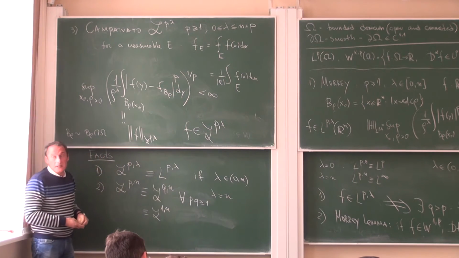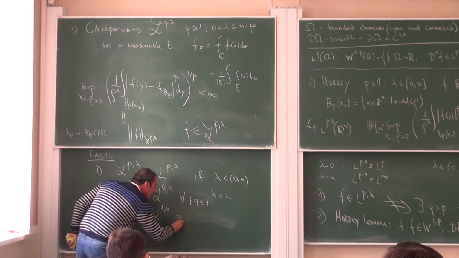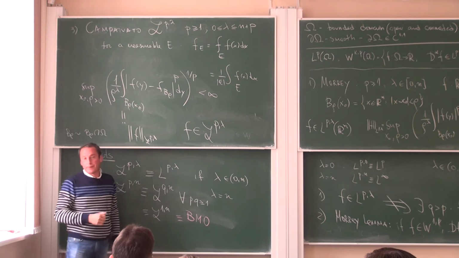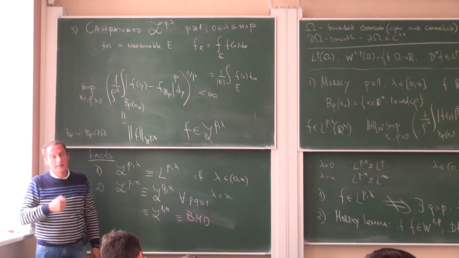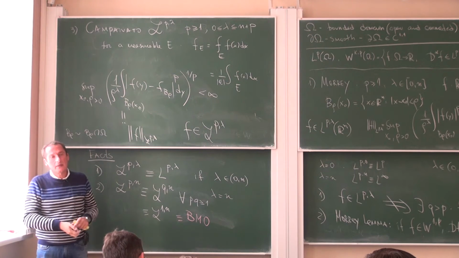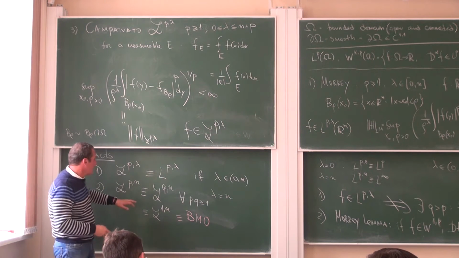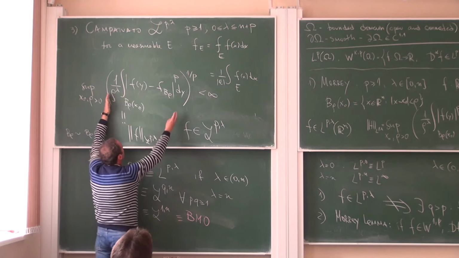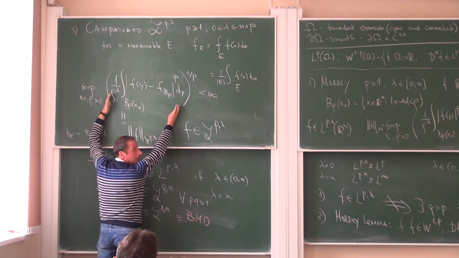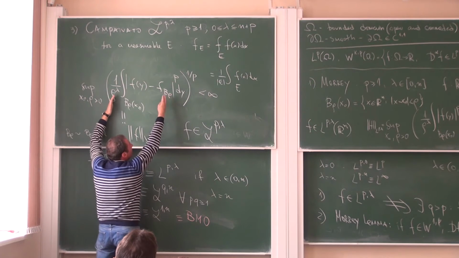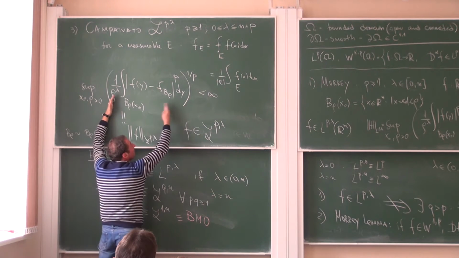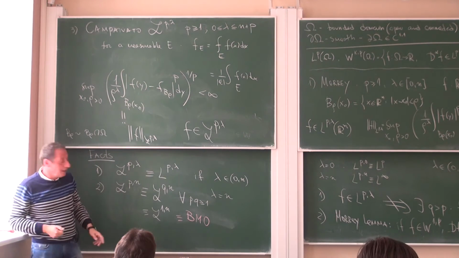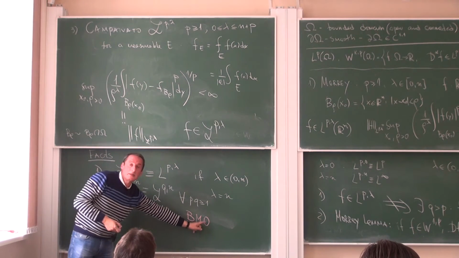And this space I will define somewhat later as BMO, the space of functions with bounded mean oscillation. Because you remember, when lambda equals n, here you have the mean oscillation. The power p is 1, so this quantity being bounded means that the mean oscillation is bounded, and it is exactly the space of bounded mean oscillation.